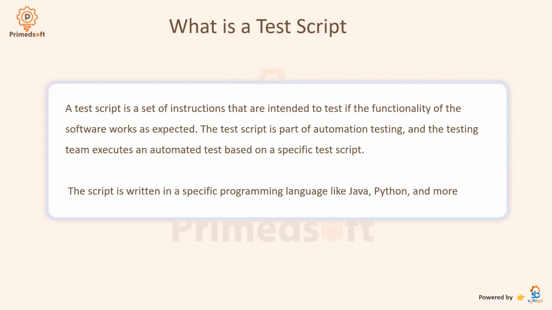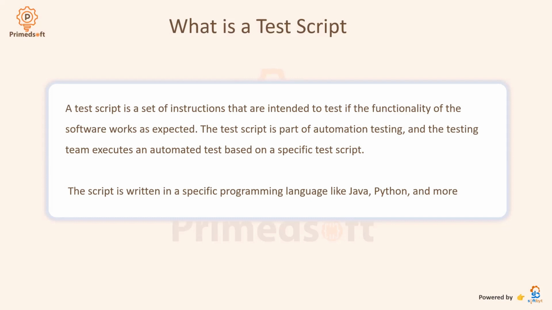Test scripts are part of automated testing, and the testing team executes an automated test based on specific test scripts, right? In some organizations, they've already written the test script for you and want you to run it at some interval. So the test script is there, you just run it.